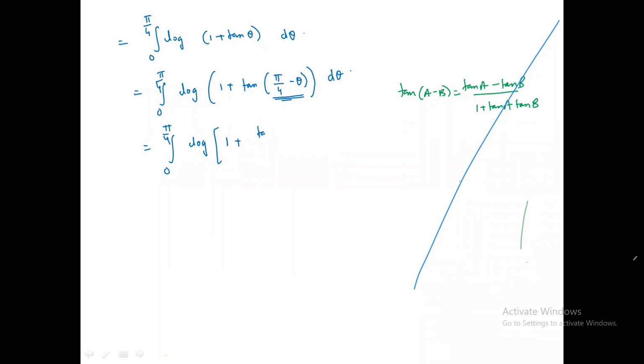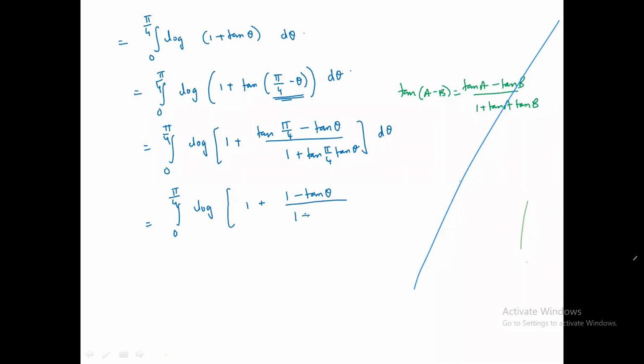Then I have tan a minus tan b by 1 plus tan a tan b, and then d theta. I very well know that tan pi by 4 is 1, which is again easy for me. So 1 minus tan theta by 1 plus tan theta, because tan pi by 4 is 1.